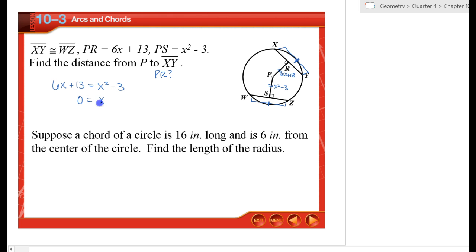That gives me x squared minus 6x minus 16 when I simplify the 13 and the 3. Factors of this are a negative 8 and a positive 2. So x is equal to 8 and negative 2.